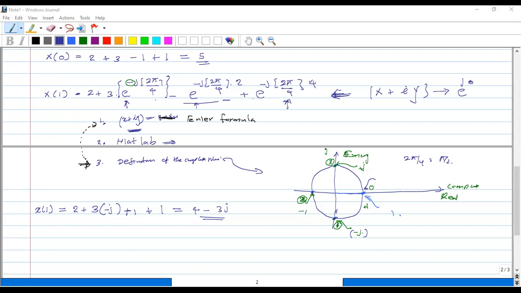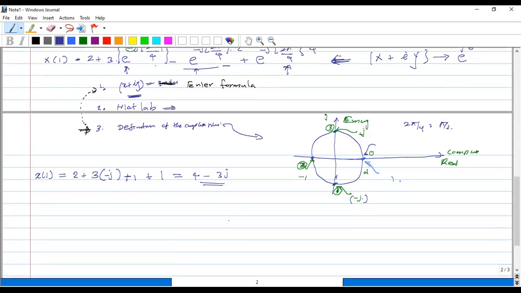And plus this term, e to the power minus j 2π by 4, times 4. I think it is correct. Yes, we have 4 minus 3i. So likewise, you can get this value.